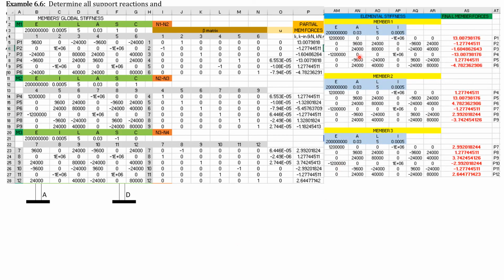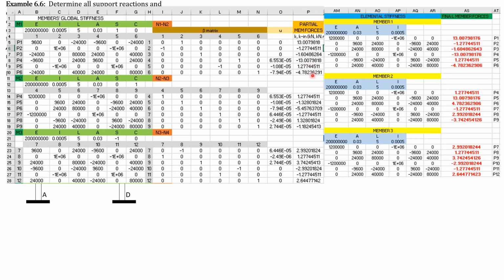Then this is the elemental stiffness. Then we have here the partial member forces, which is the elemental stiffness times the beta. So we multiply this 6 by 6 matrix with the beta matrix and the global displacement matrix. These are the results of the global stiffness matrix. It will give us these partial member forces.